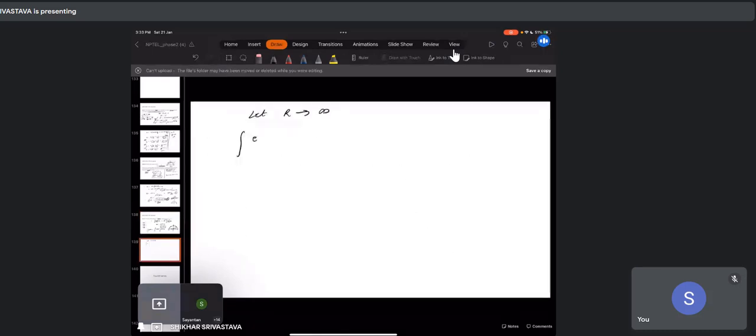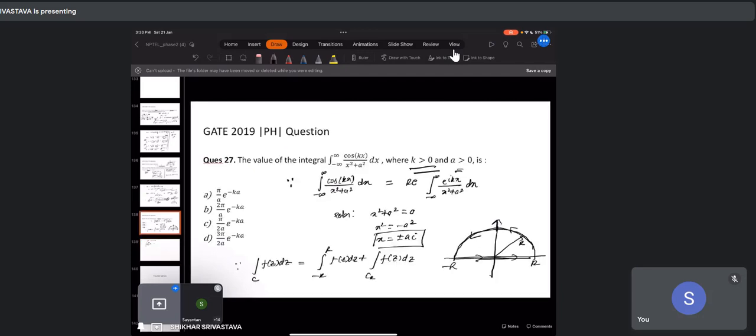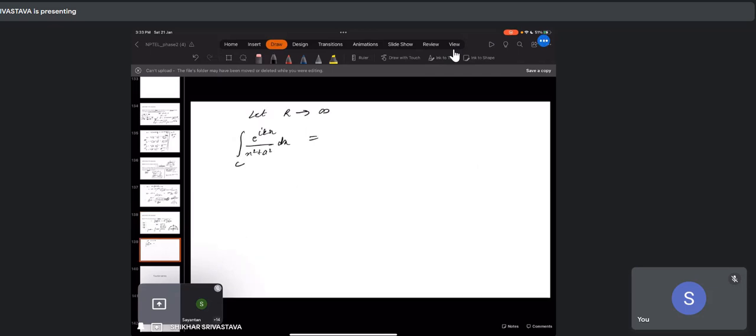Yes, the answer is a. I'm just replacing f(z) with this function and the limits with minus infinity to plus infinity.